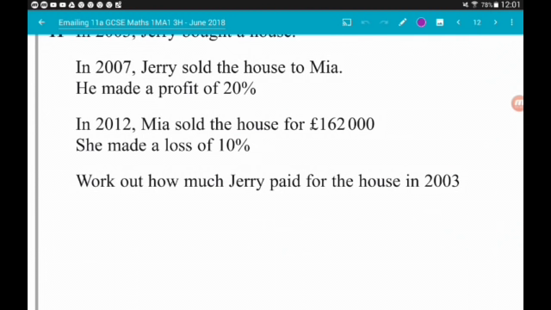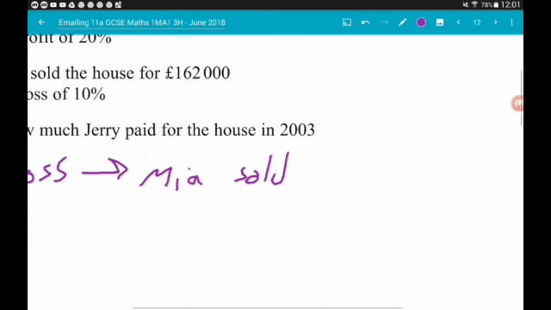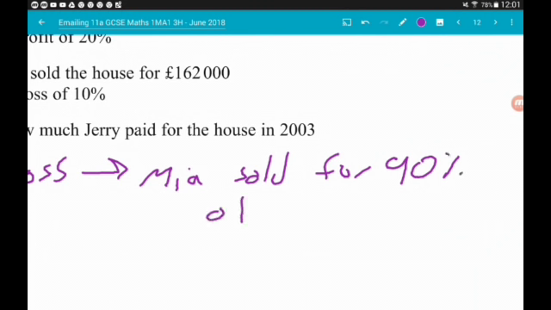So a 10% loss means she sold the house for 90% of what she paid.